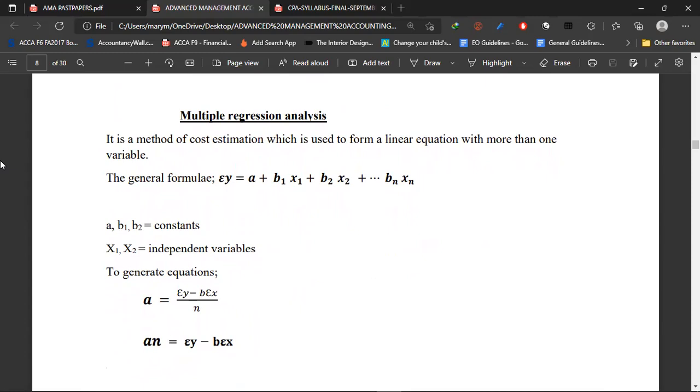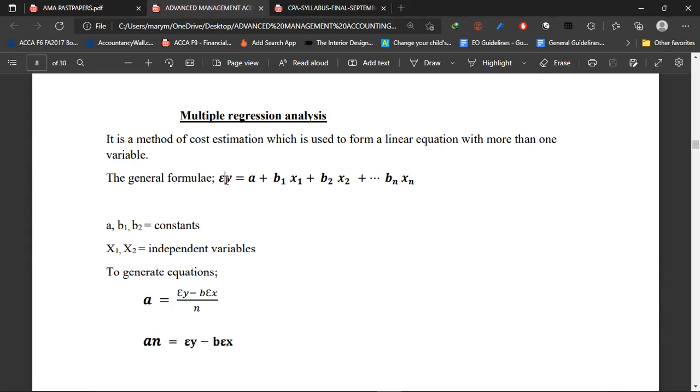In September 2015, they showed us how this model is normally tested in an exam. It is a computer printout question, and we don't need to cram at this stage, because we just need a clear understanding.